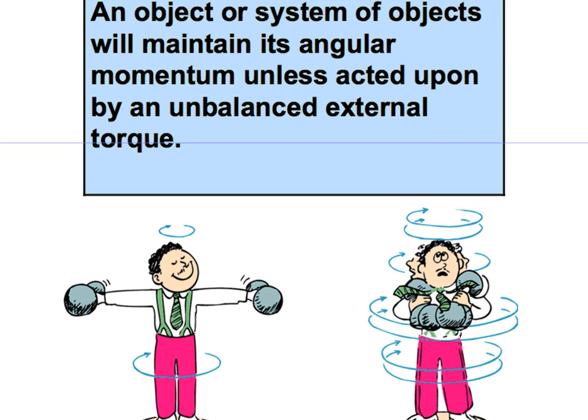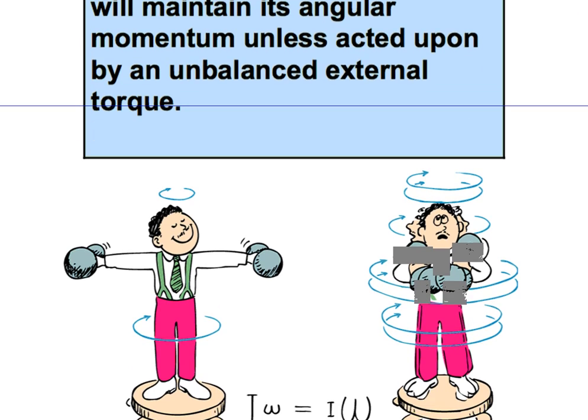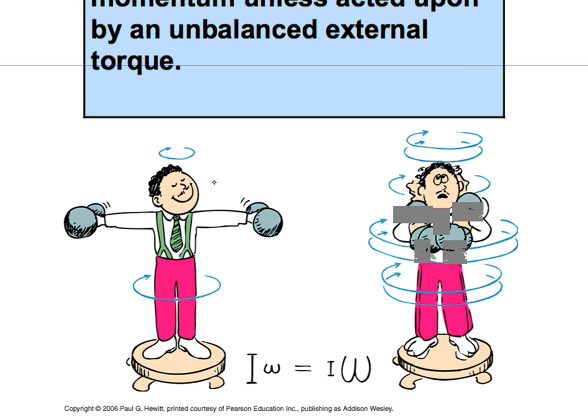So if somebody is on a rotating platform, he has angular momentum equal to I times omega. If he brings the weights in, his moment of inertia gets less because the masses are closer to the axis of rotation. But there's no external torque, so in order for this product to stay constant, if I gets less, omega must get bigger.